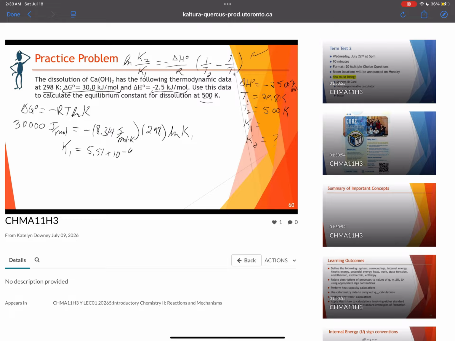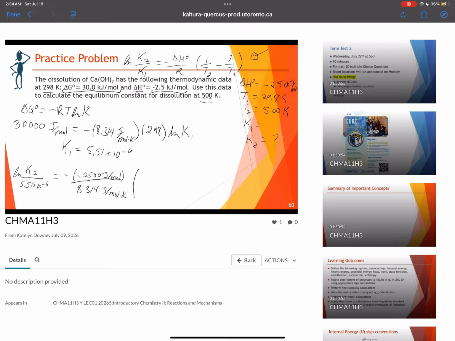Now I can use this two-point Van 't Hoff equation to calculate my equilibrium constant at the higher temperature. And I'll do my best to make this as legible as possible, but definitely be writing along on your screen. All right, so ln of K2, that's my unknown, over K1, which is 5.51 times 10 to the minus 6, is equal to minus, I'm going to add a bracket here so I don't get confused with my signs, so minus my delta H, which is negative 2,500 joules per mole, divided by my R constant, 8.314 joules per mole times Kelvin.